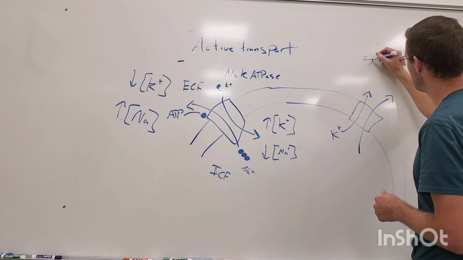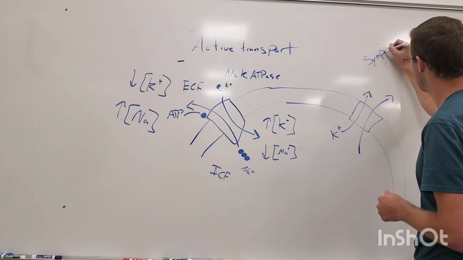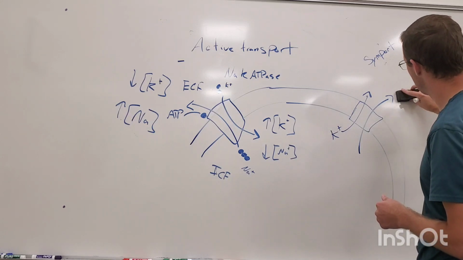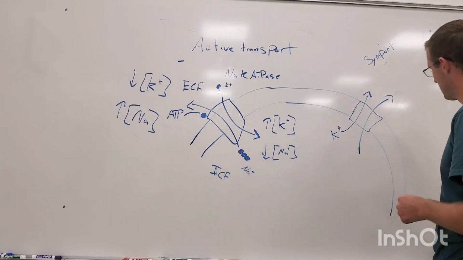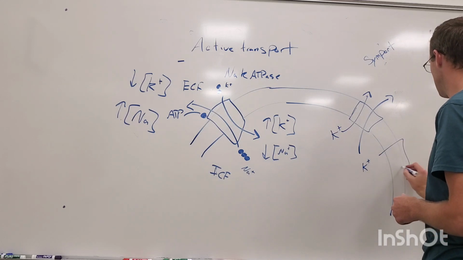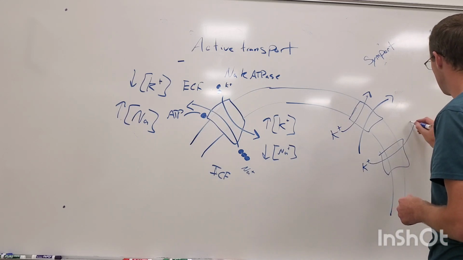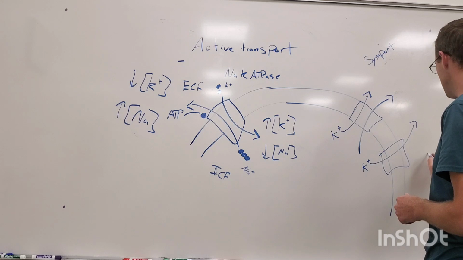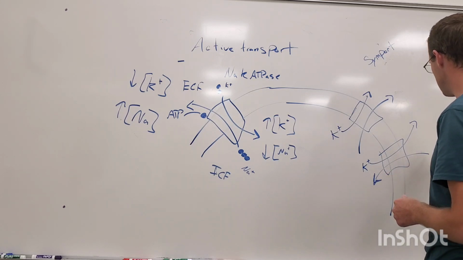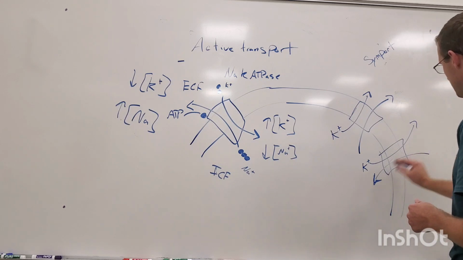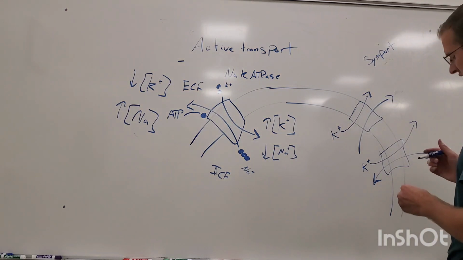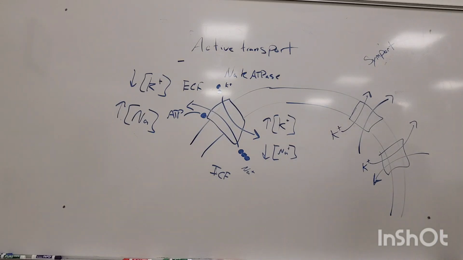That's called symport. Or we can draw another one here, where we have something come into the intracellular fluid against its concentration gradient. Those are basically secondary active transport.